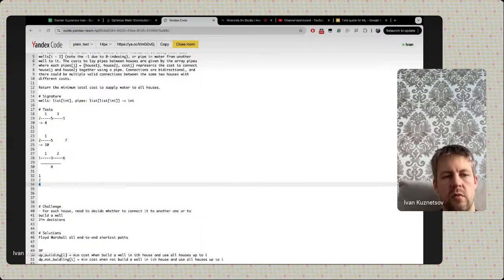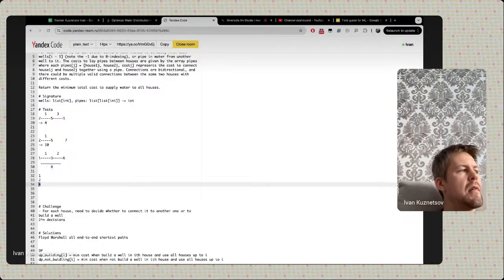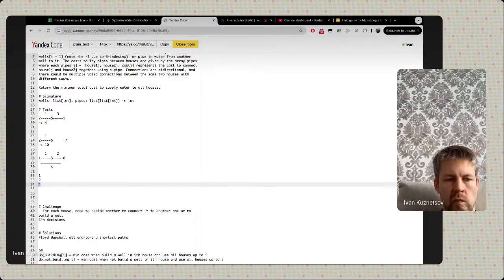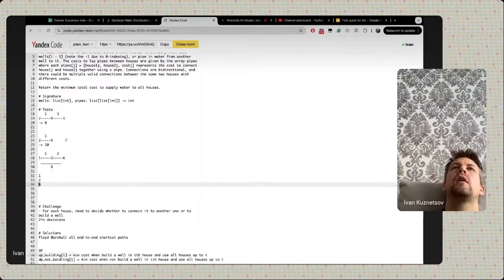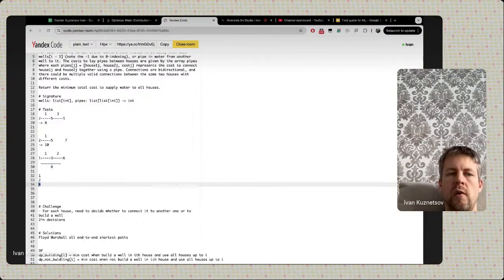So how do we calculate the minimum costs in the end? I think the invariant here is that we are always building the connection, whichever we need, to connect the particular house with the minimal cost.